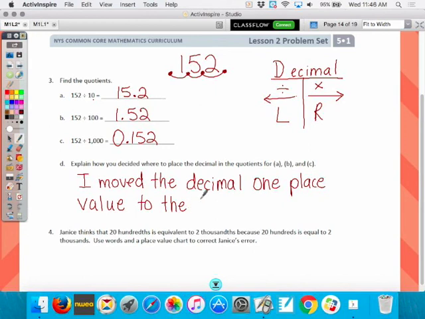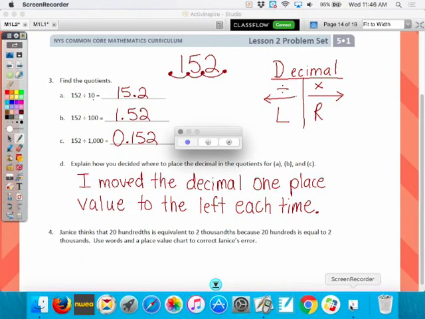Did I say right earlier? I move the decimal one place value to the left each time. I was going to say for each power of 10, but I'm not going to make you write that much. The decimal trick is much easier.